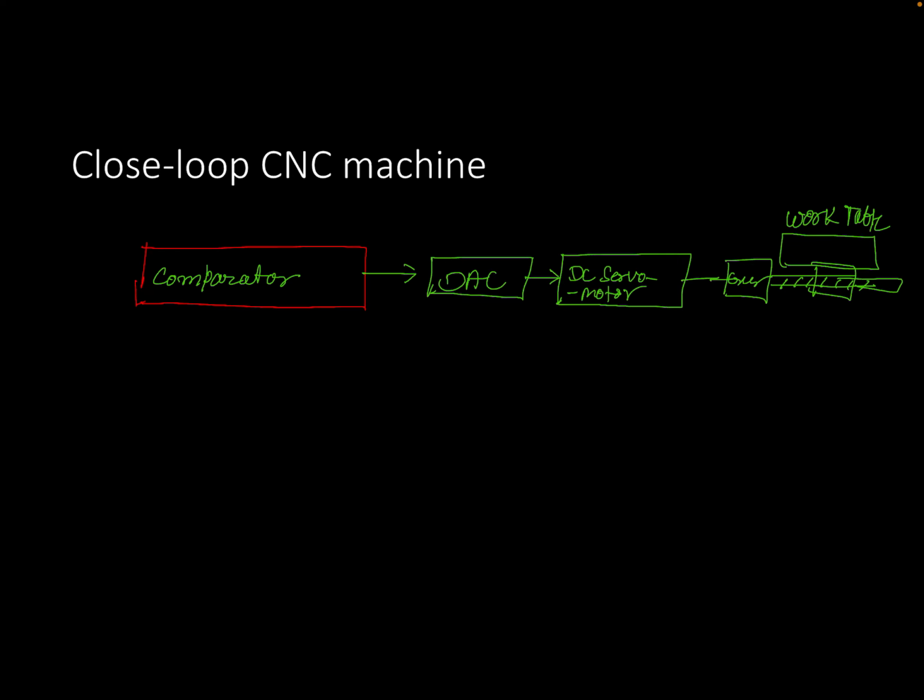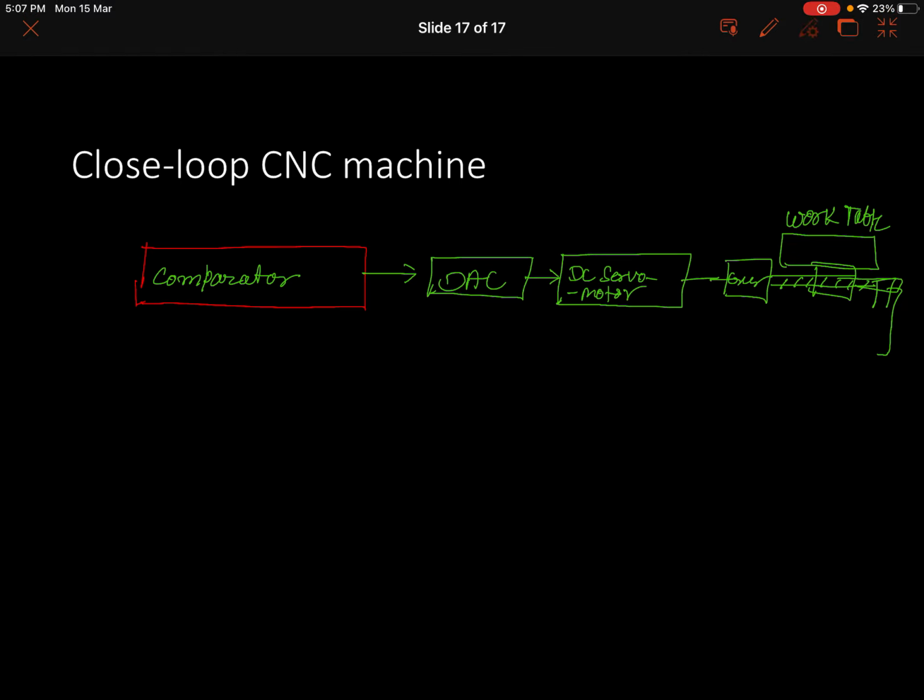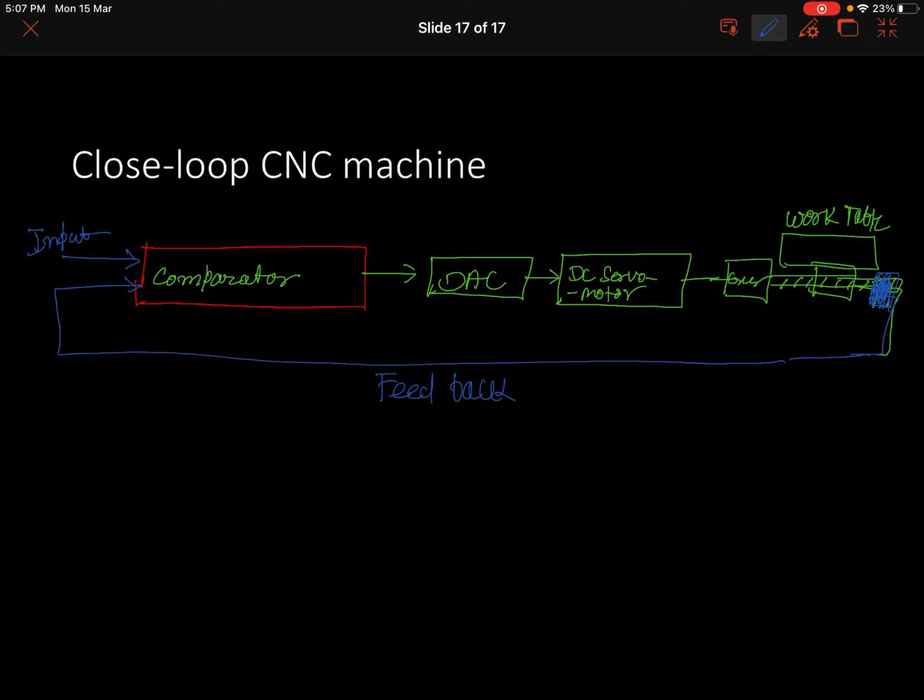This will measure the position. So here it will have a position sensor. This position sensor will measure the position of the work table, and that will send the feedback signal to the comparator. Here it is the input. Here it is the feedback signal.